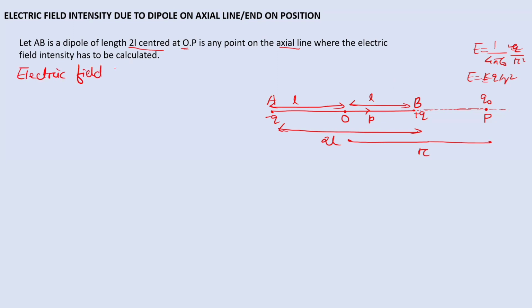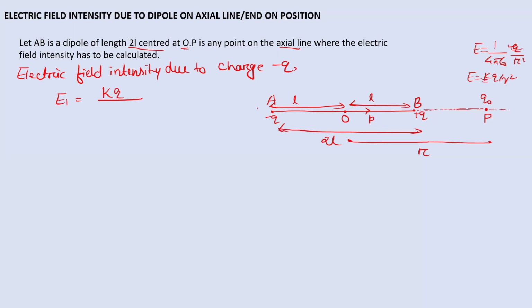So first we will write the electric field intensity due to charge minus Q. So E1 is equal to KQ by R square.